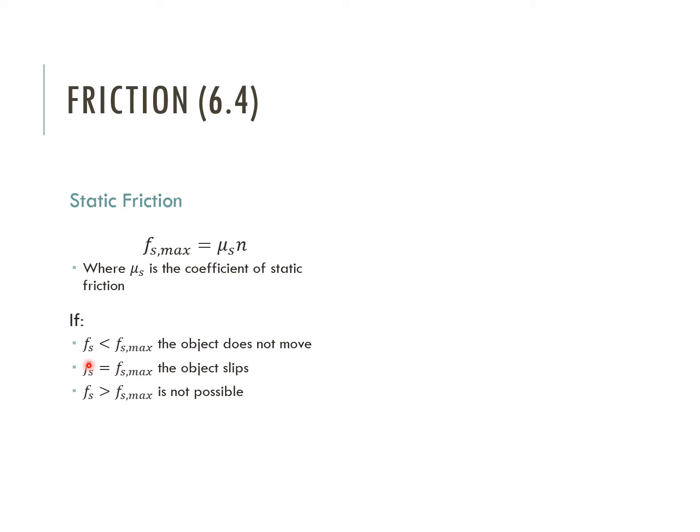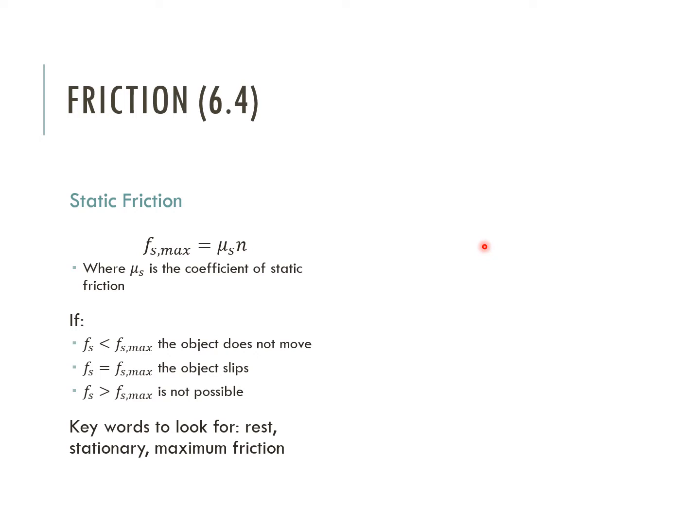It's the same, but the maximum value for friction would be different. So again, we are primarily going to be using this condition where the object is just about to slip. Some key words to look for static friction are if the object is at rest, stationary, or you're looking for something associated with maximum friction.